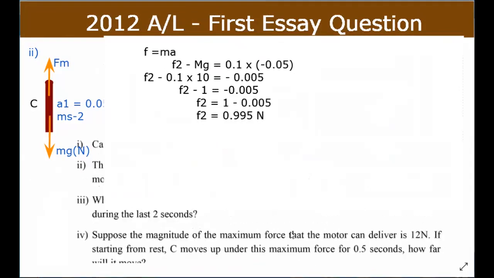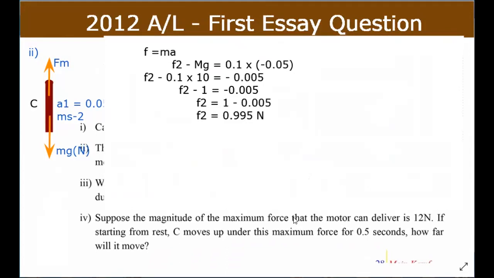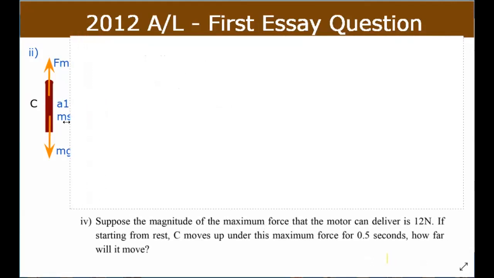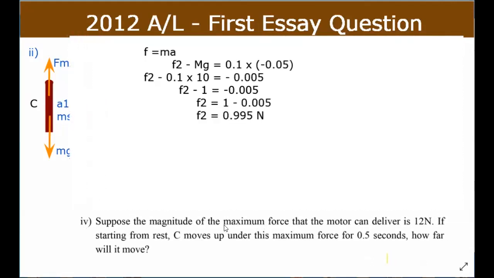Now let's try for Roman number 4. Suppose the magnitude of the maximum force that the motor can deliver is 12 Newton. Is it 12 Newton or 1.2 Newton?